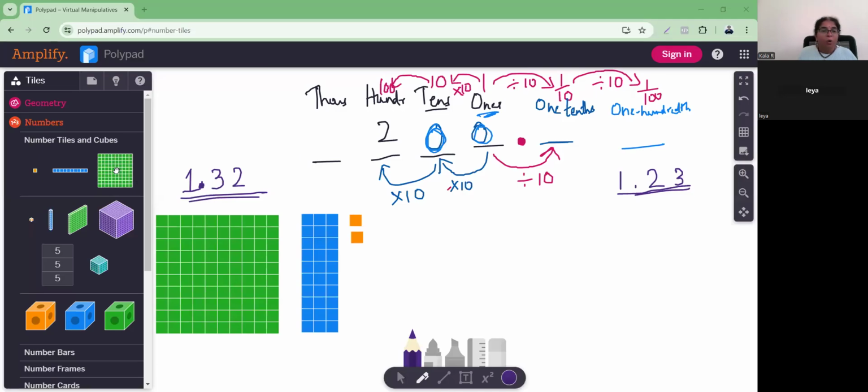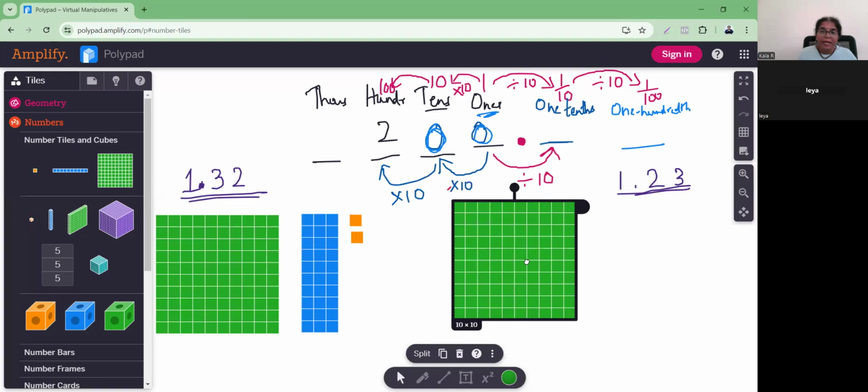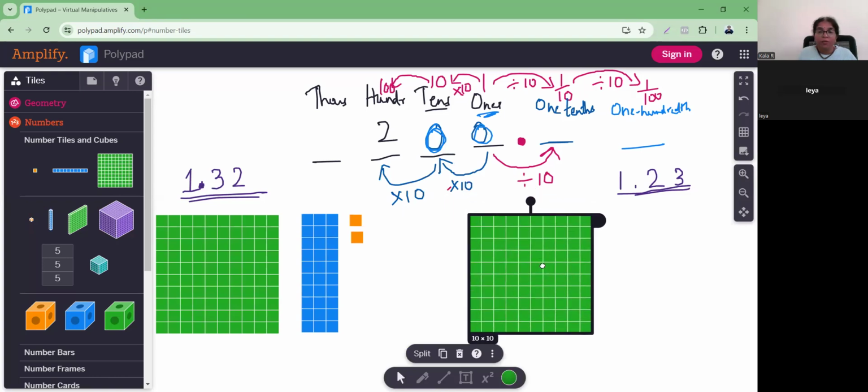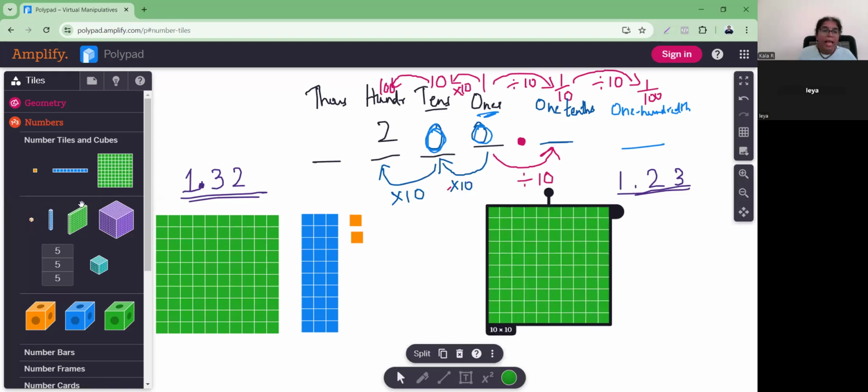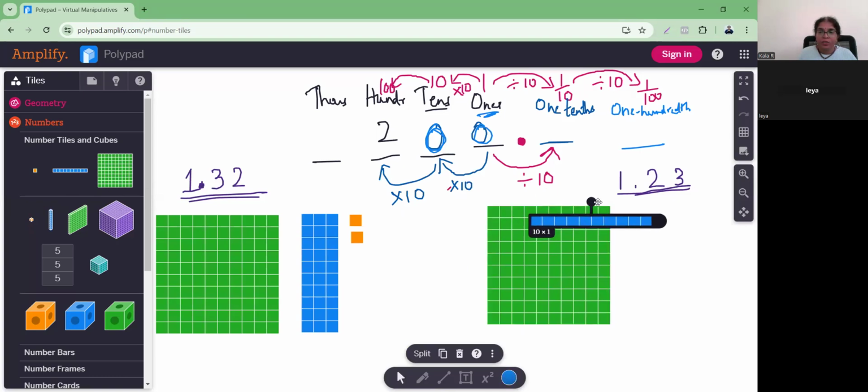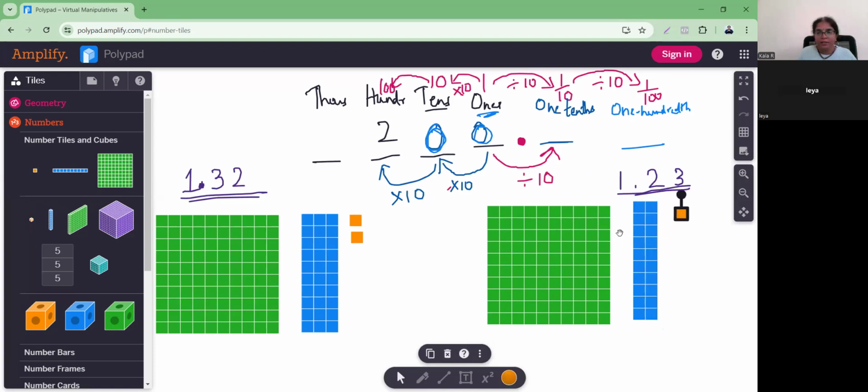Okay, so how to understand this is we'll again represent 1.23. 1 whole, and 2/10. That's what we are saying, right? In the 1/10 place, 2 is there. So 2 things like that. And then we have 3 100ths.